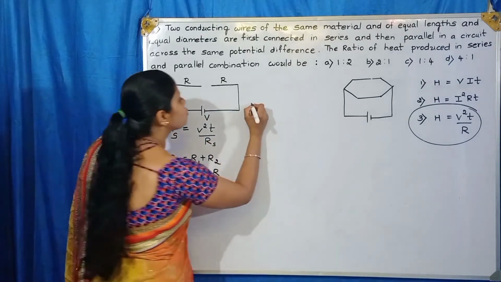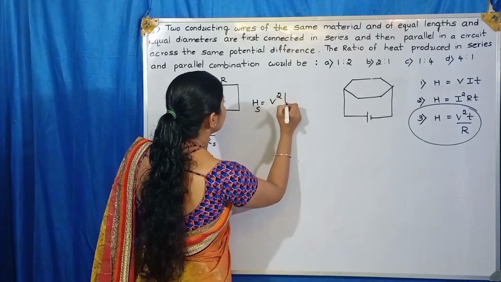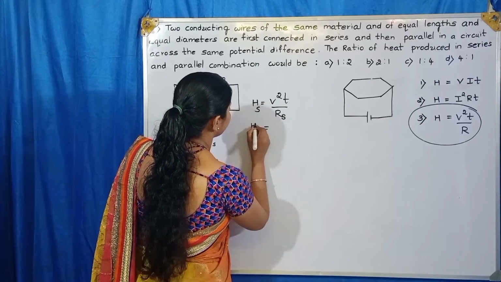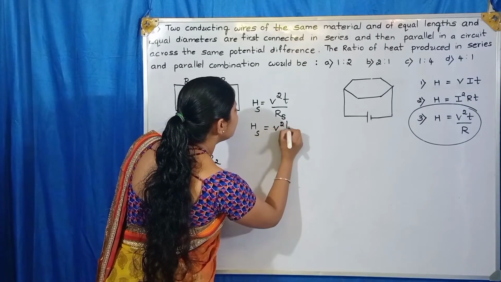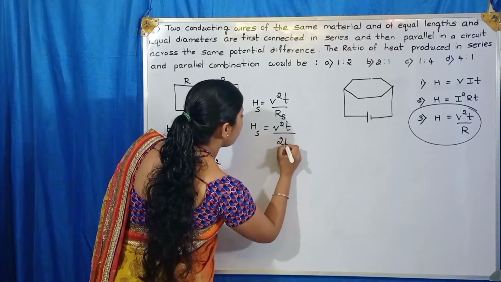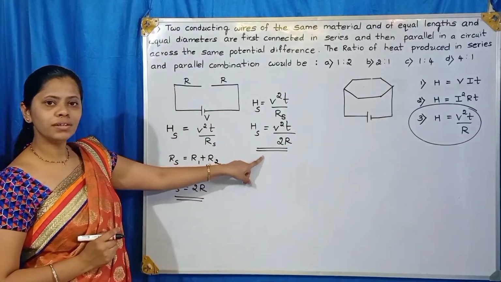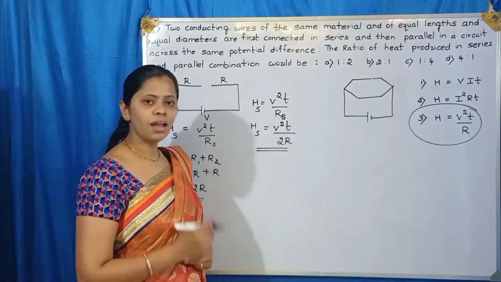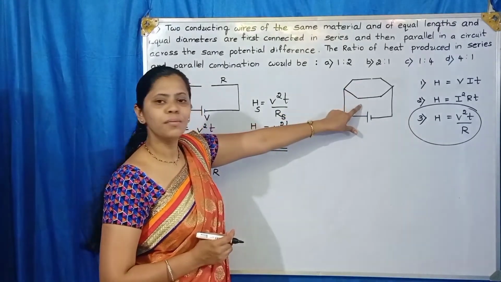That is Hs is equal to V square T divided by R, where R is nothing but 2R. We got the heat production when they are connected in series. Now, let's find out the heat production when they are connected in parallel.